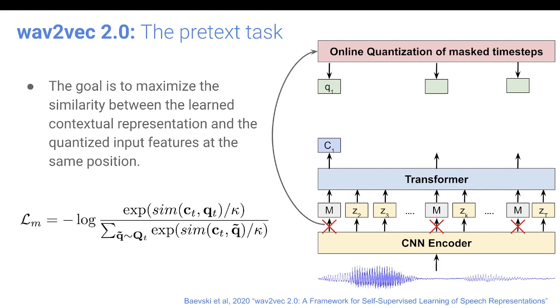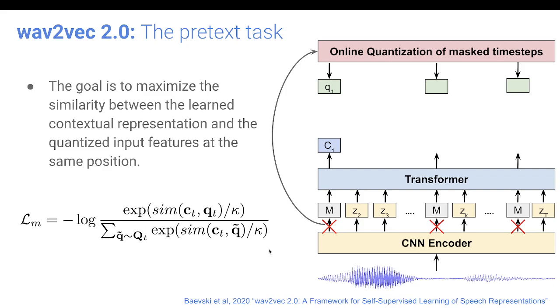So the same InfoNCE loss, where the similarity function is just a cosine similarity between the contextual representation C and input representation Q. Q is just the input representation to the transformer, but quantized and embedded as vectors.